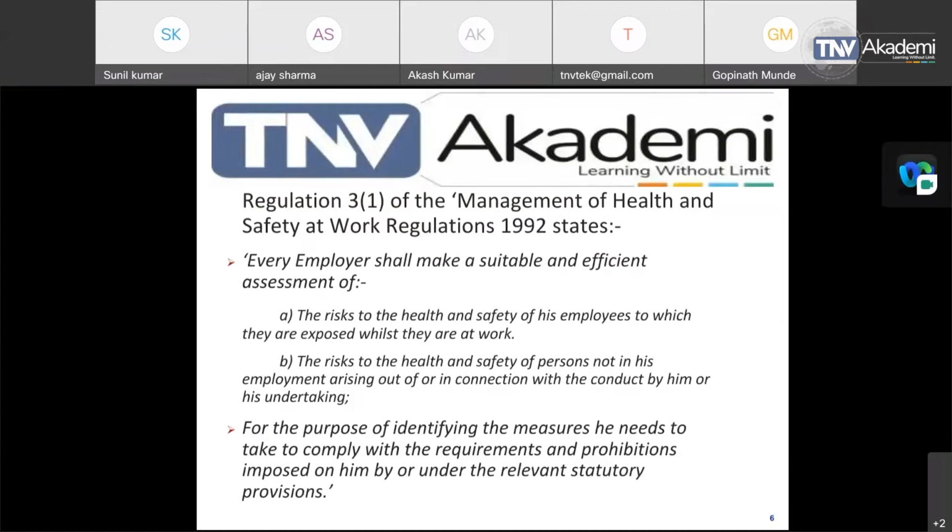And second, the risk to the health and safety of persons not in his employment arising out of or in connection with the conduct by him of his undertaking. This is for the purpose of identifying the measures he needs to take to comply with the requirements and prohibitions imposed on him under the relevant statutory provisions.